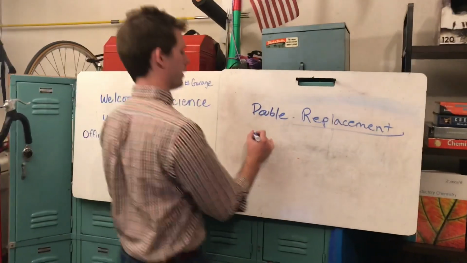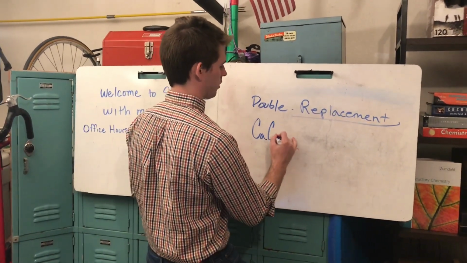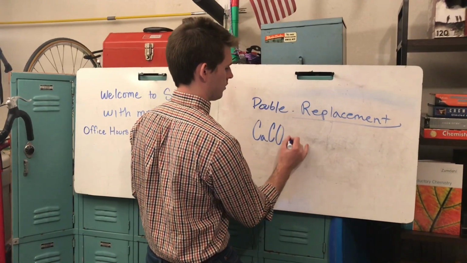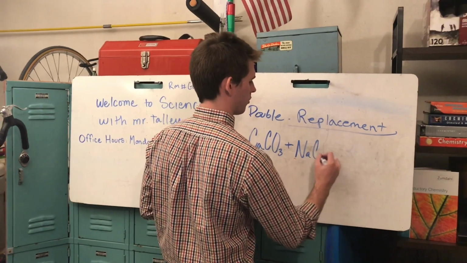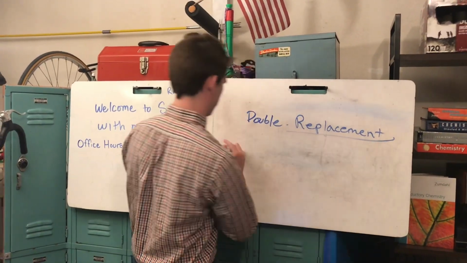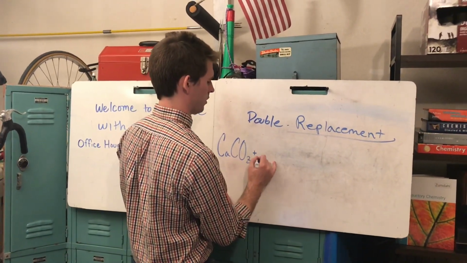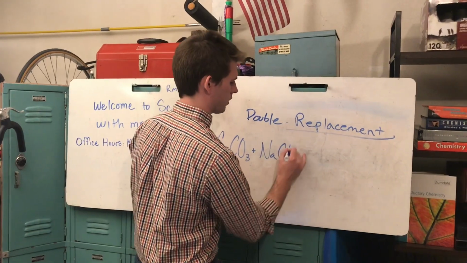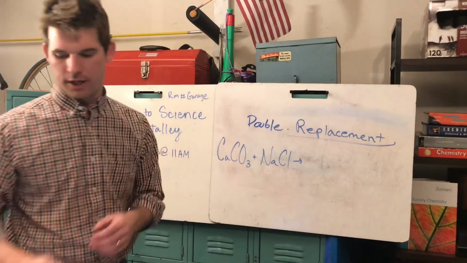Let's do something like calcium carbonate and sodium chloride. Okay, this is going to get messy. Okay, calcium carbonate plus sodium chloride. It's going to react in a double replacement reaction.